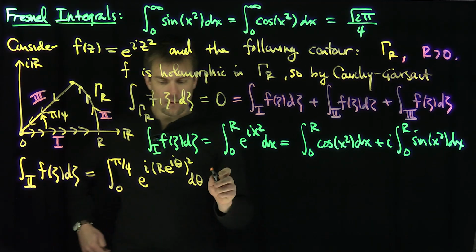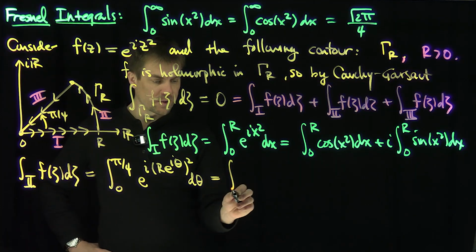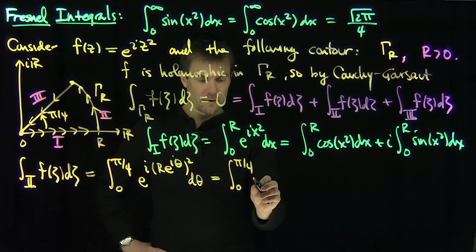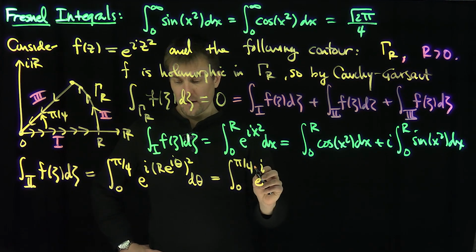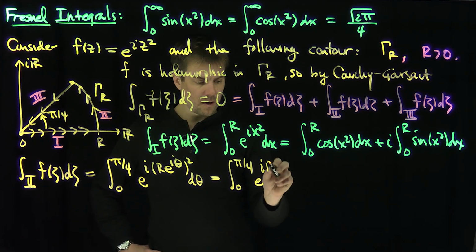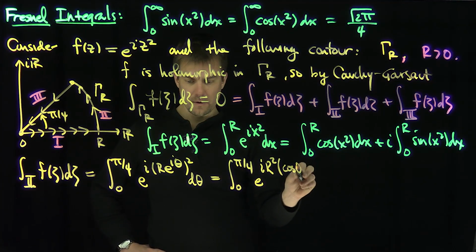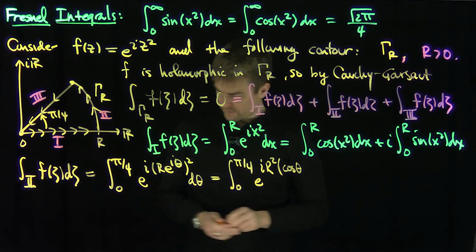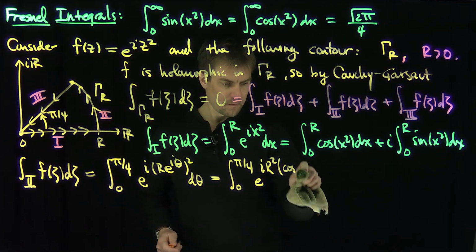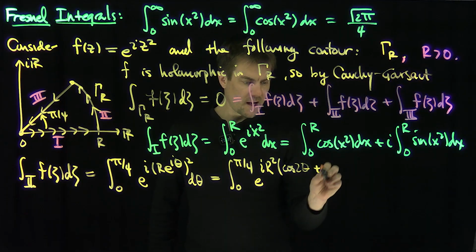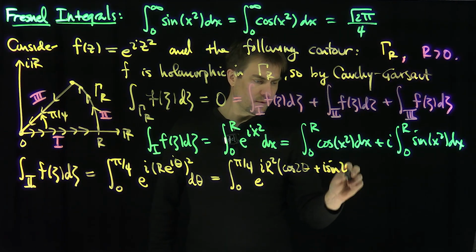And so now, what does this simplify to? This looks like the integral from 0 to pi over 4 of e to the i, and then we're going to have an r squared, times cosine of 2 theta plus i sine of 2 theta.